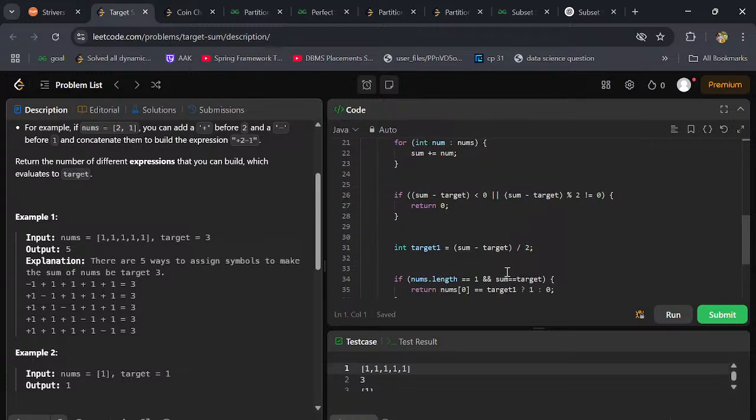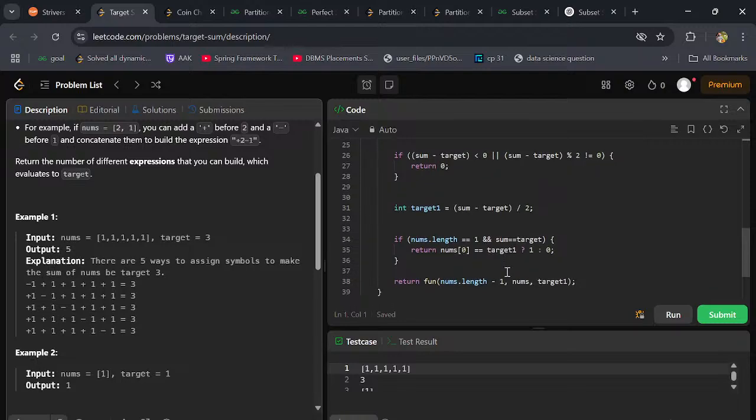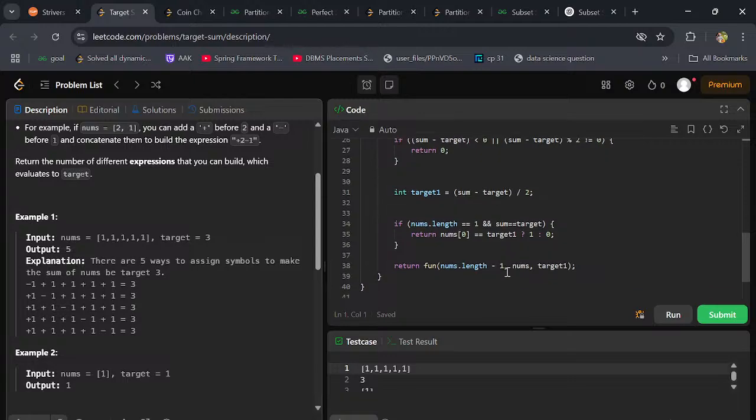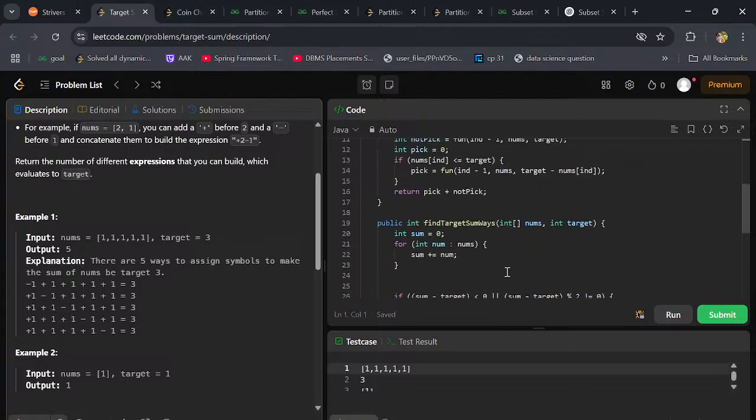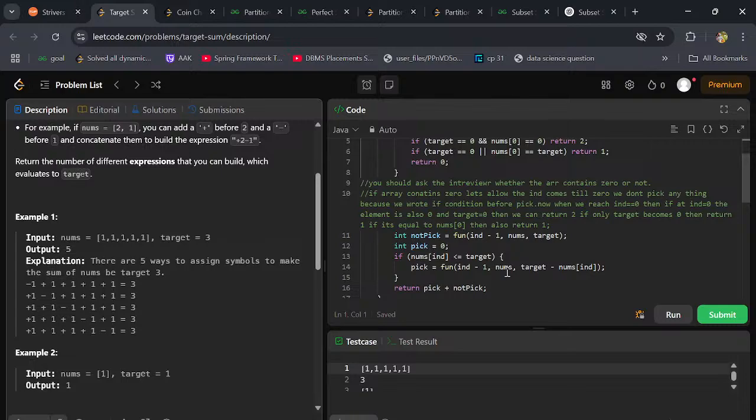Array contains zeros. Let's allow the index to come till 0.